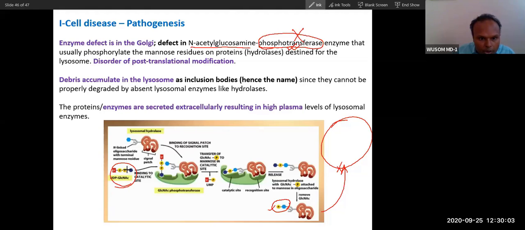From UDP glucose, phosphate is transferred like this. First the whole UDP glucose is added on the mannose here. Now this will be clipped, the glucose will be removed, and the phosphate will remain permanently here. So this is the address. This is called the signal. Mannose phosphate.